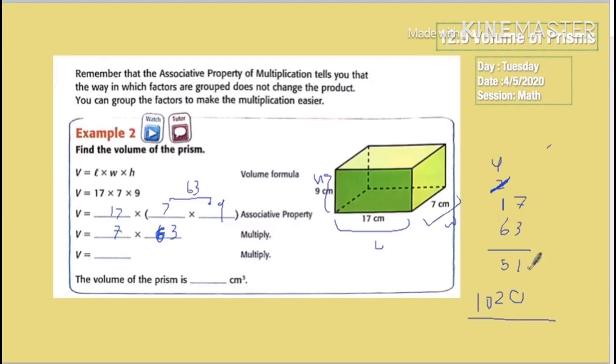And now I'm going to line up my digits and add straight down. 1 plus 0 will be 1. 5 plus 2 is 7. And then we have 0, we bring 0 and 1 down. So the volume of this prism to the right here is 1071.